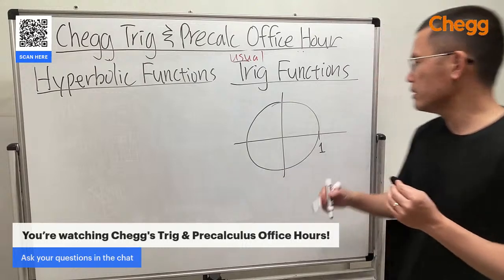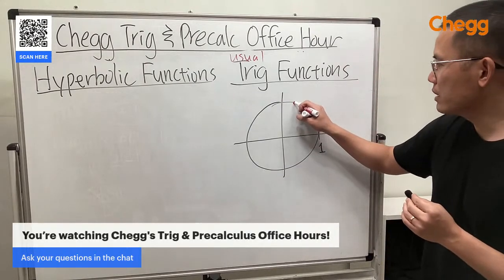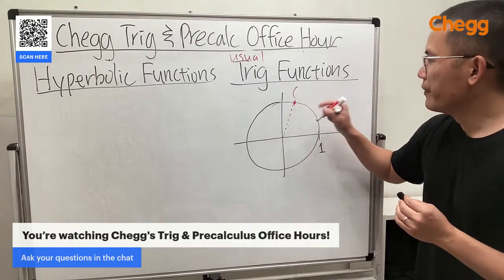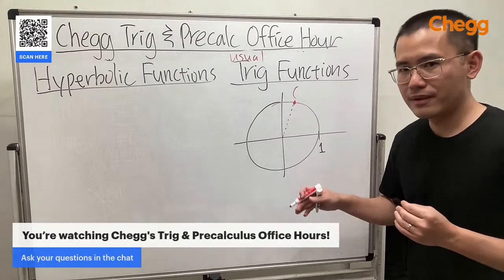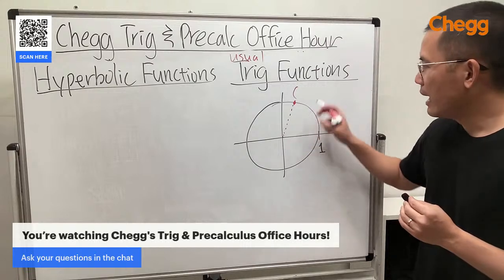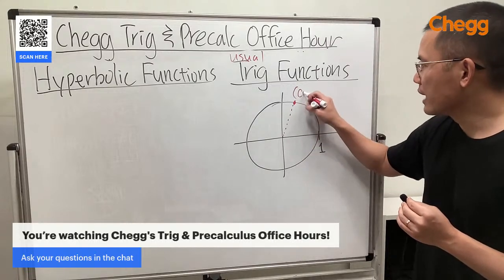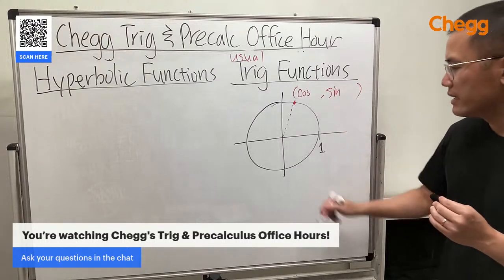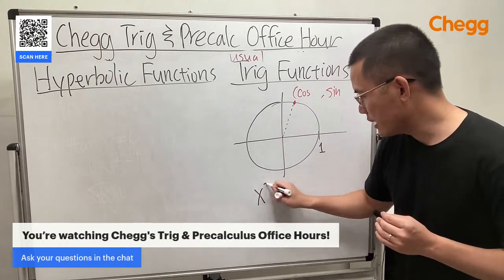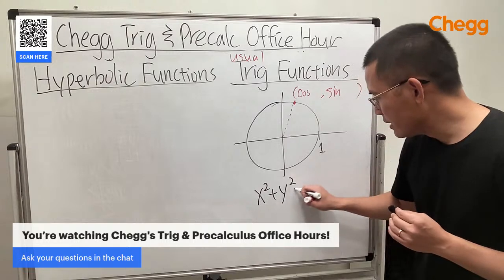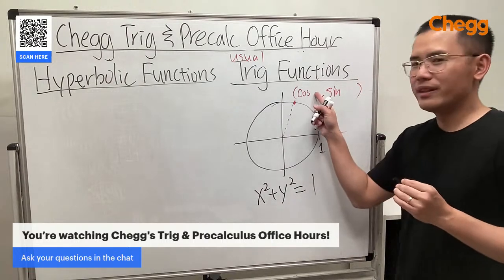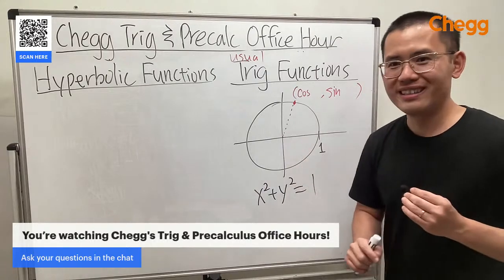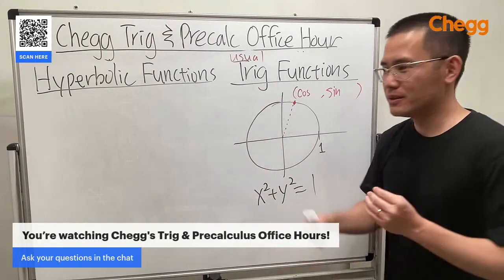On the unit circle, when you put a point, let's say right here, the x value is cosine, and the y value is sine. And for the unit circle, the equation is x squared plus y squared is equal to 1. You might be wondering, why didn't I put a theta? Don't worry. I want to go there.